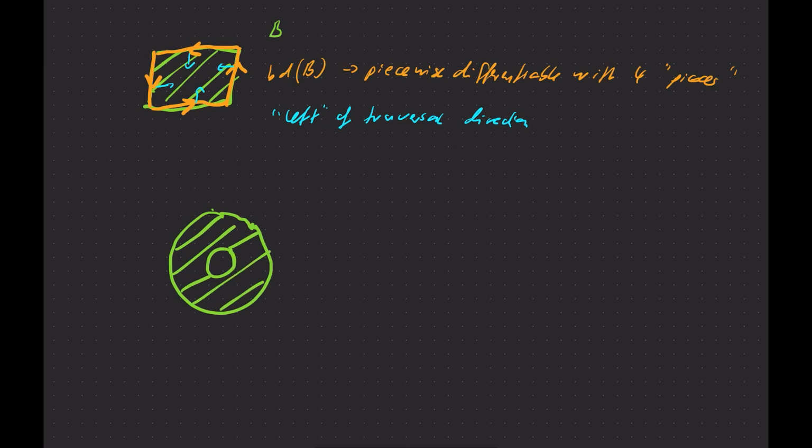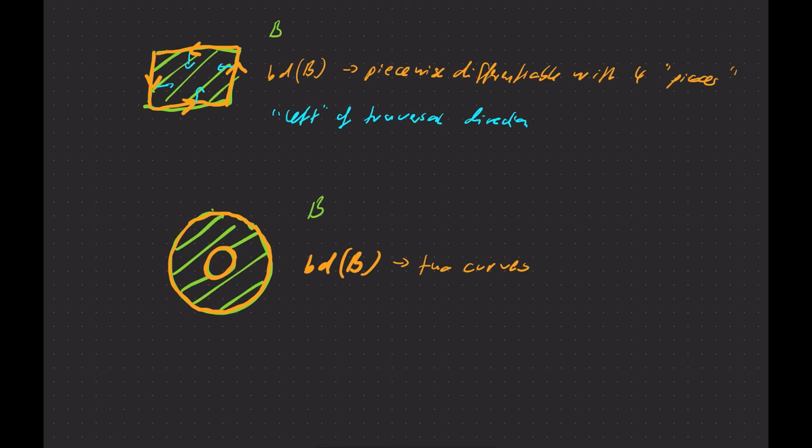So if that is our set B, then of course the boundary consists of this circle here and this circle on the outside. So the boundary now consists of 2 pieces, two different curves. Both are differentiable.